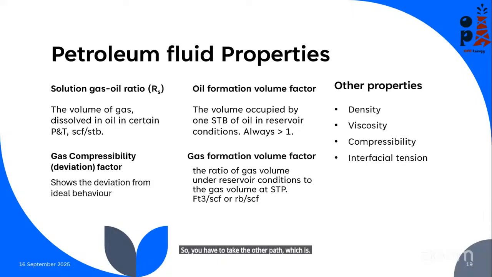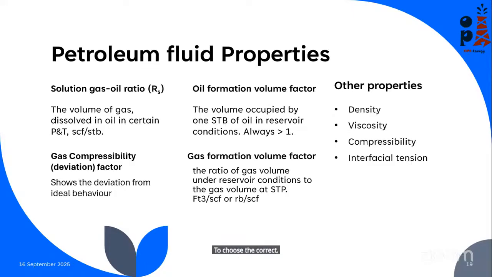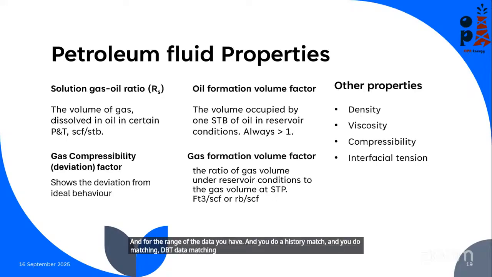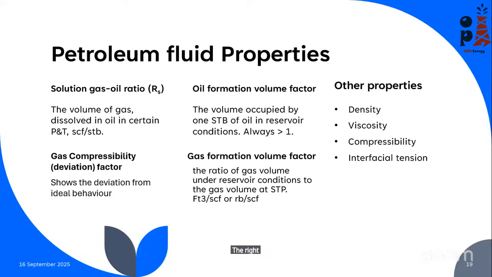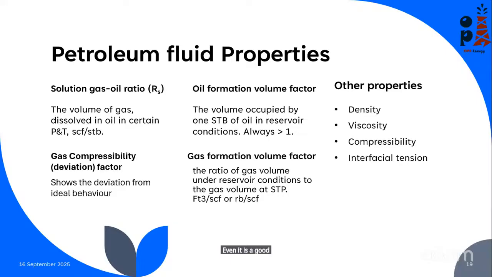You have to be very careful to choose the correct correlation for each property and for the range of the data you have. You do history matching, PVT data matching, to choose the right correlation for your case, because not every correlation works fine for you. Even if it is a good correlation, it may not work for you.